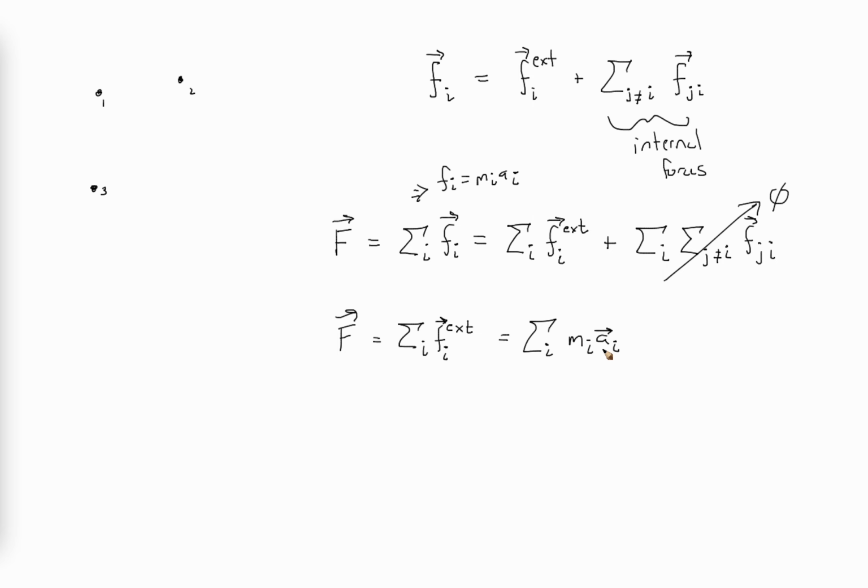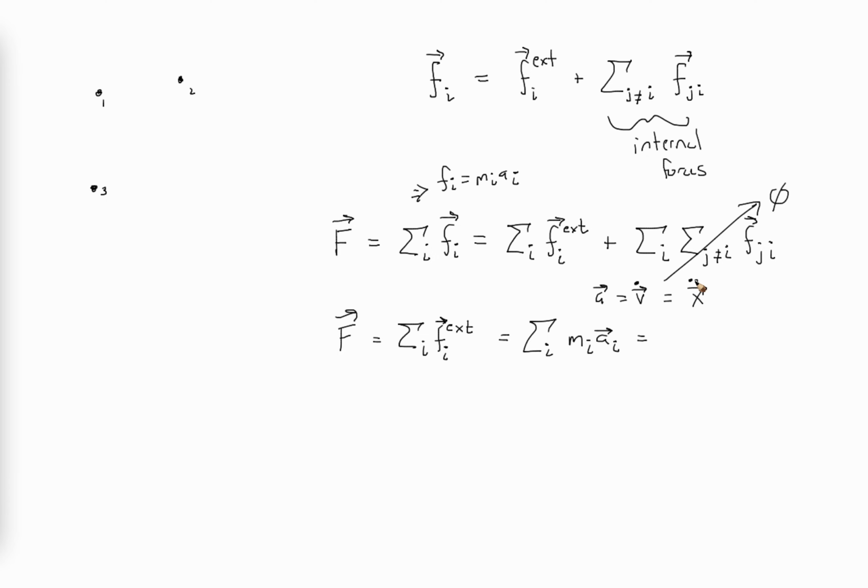Now, let's work on this a little bit and see what we get. First of all, let's remember that there are a couple different ways of writing the acceleration. The first way is as v dot, the rate of change of velocity with respect to time, or it can also be written as x double dot.